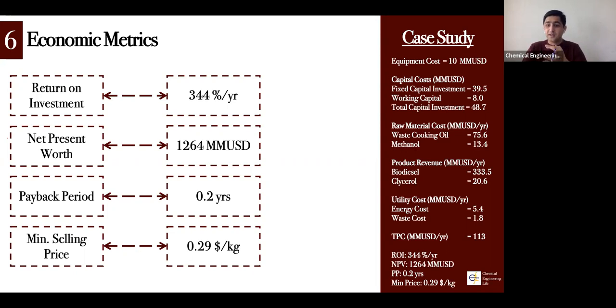Our time value increases all the way up to 1,264. We are going to be able to pay back our loan within 0.2 years, and the minimum selling price is way below our current selling price. So in that way, we can conclude that biodiesel production is profitable, and whoever wishes to do it is going to be making a great deal of money out of it.